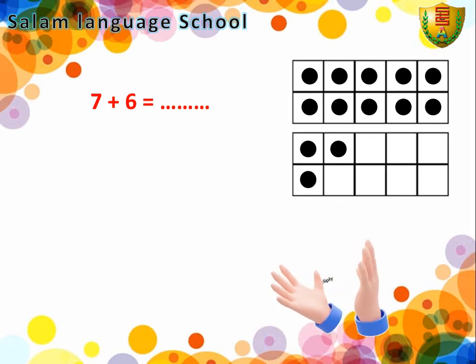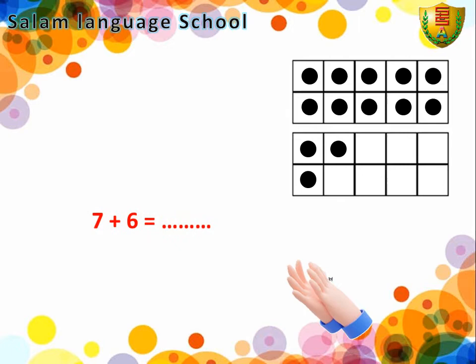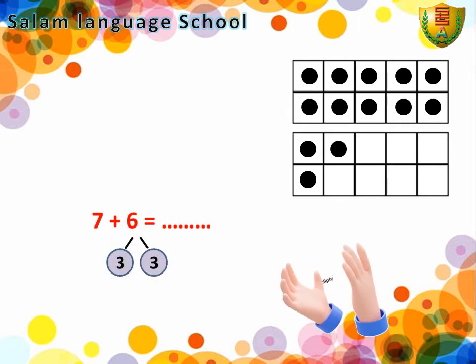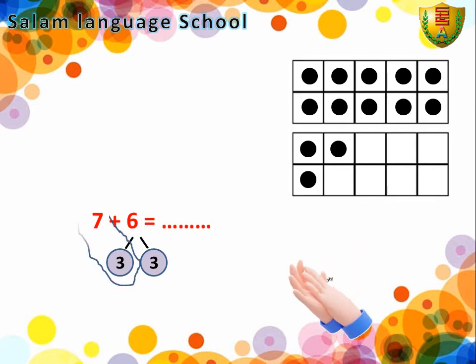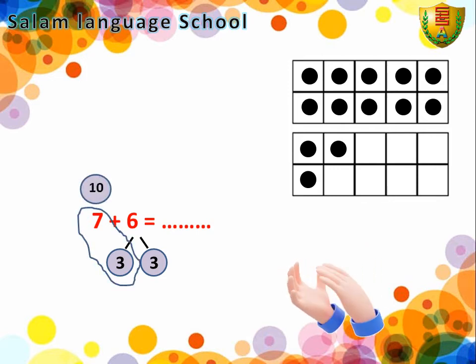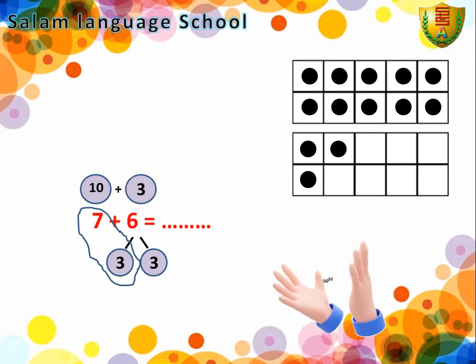The remainder is 3. 7 plus 6. We decompose the 6 into 3 and 3. The first 3 goes to 7 to become 10. The second number is 3. It is easier to add 10 to a number. 10 plus 3 is equal to 13.